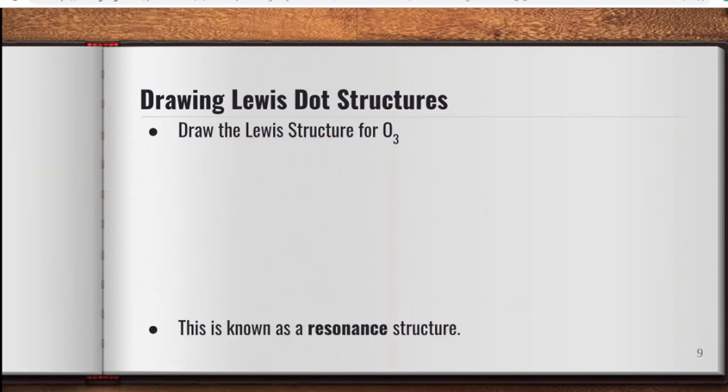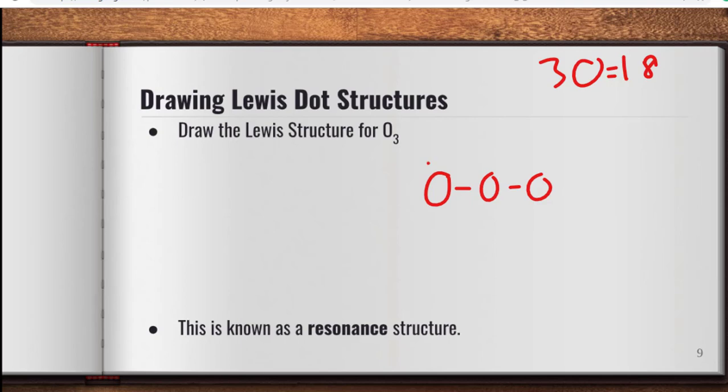Draw the Lewis structure for O3. Well, pretty straightforward here. We got O, we got 3 of them, so we're going to have 18 in our structure. All right? No central atom here because we've got 3 oxygens, so essentially it's going to be oxygen, oxygen, oxygen. Now, we need to add lone pairs to satisfy the octet rule.